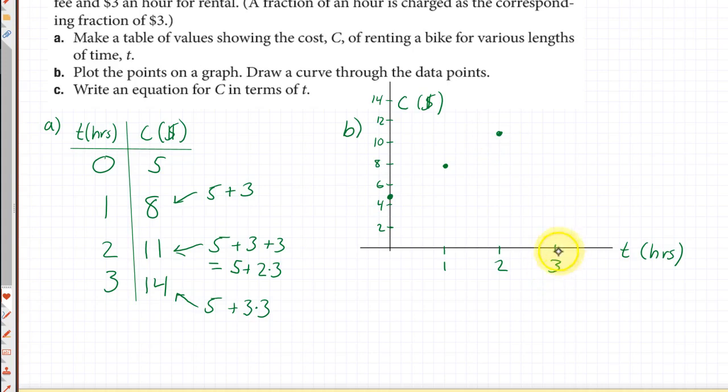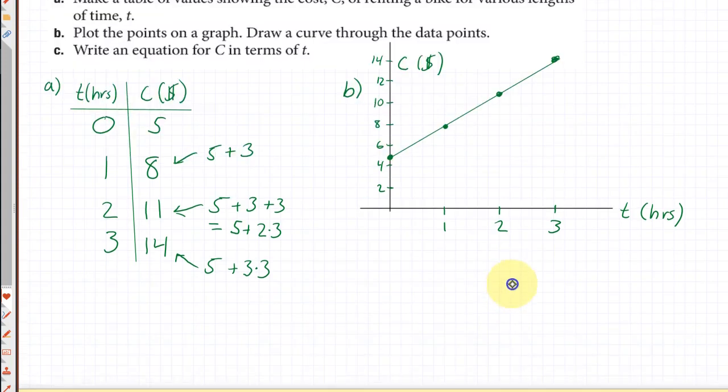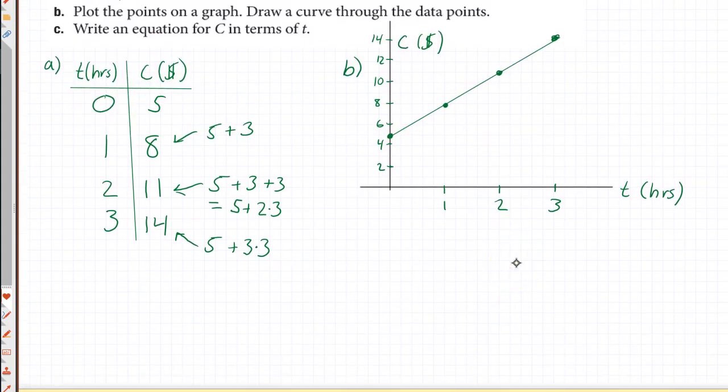And then when t is 3, c is 14, which is about here. And then if we want to draw a curve through them, and a curve in math includes straight lines, that's what we've got here for our curve, our so-called curve. Sounds good.